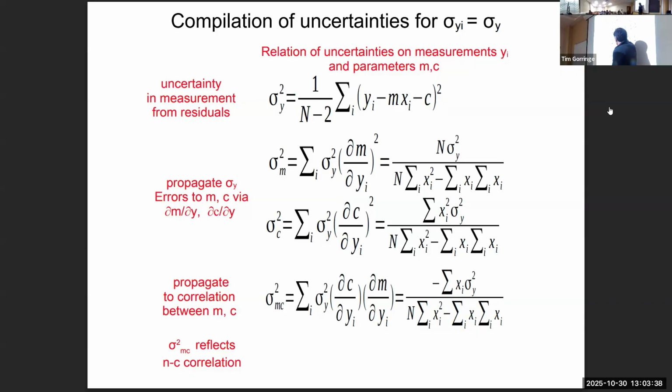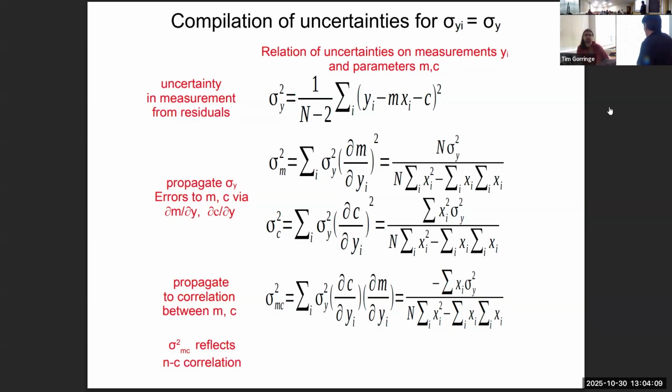And then in this second and third equations, I'm propagating those uncertainties on the data points through to the uncertainties on the slope and the intercept with these equations here. And finally down here, this sigma subscript MC measures the correlation between the values of M and C that you extract.